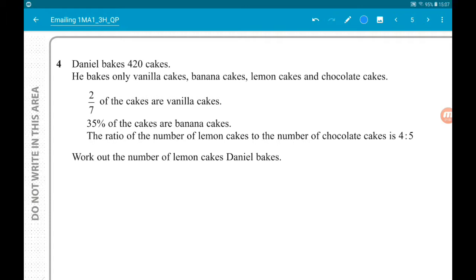Okay, so for the vanilla, that's 2/7 of 420. Now if you want to, you can do that on your calculator. Just put in 2/7 times 420 and you will get 120.